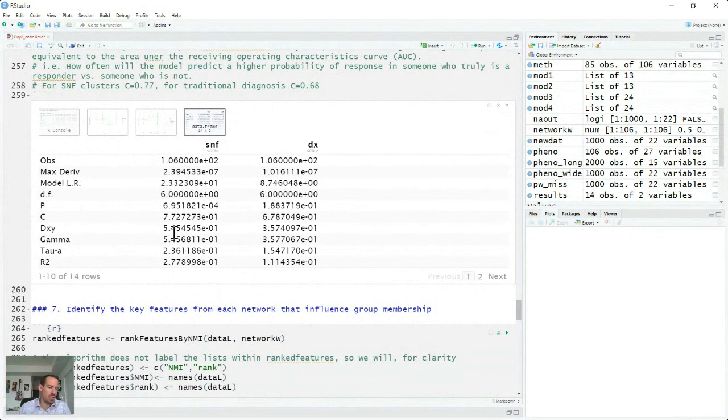And as I've engineered this problem to yield, the C statistic here for this model, which is the AUC, which is the discriminative ability of the model, is higher than the classical diagnosis. So in this case, we've got an AUC of 0.77. Here they've been multiplied up, so the C statistic is to the -1, so it is 0.77, and here it's 0.67. So there's an improvement in model performance here.